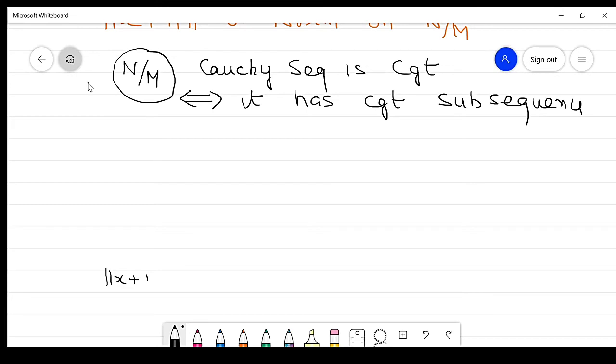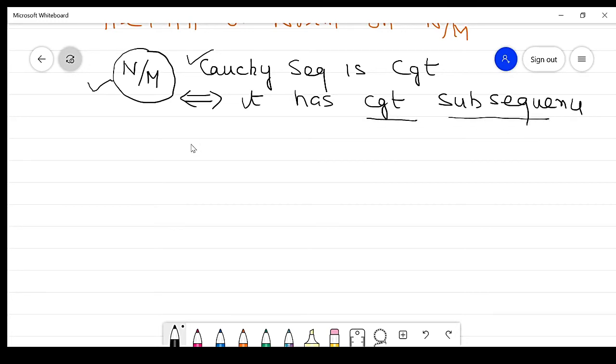To prove N by M is complete, what will we do? We will show that every Cauchy sequence in N by M is convergent. So I will take a Cauchy sequence in N by M and prove that it is convergent in N by M. To prove that, I will use this result: a Cauchy sequence is convergent if it has a convergent subsequence.